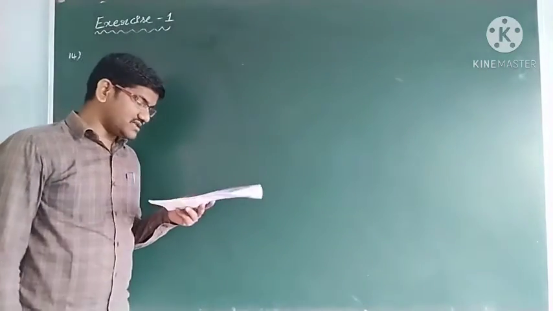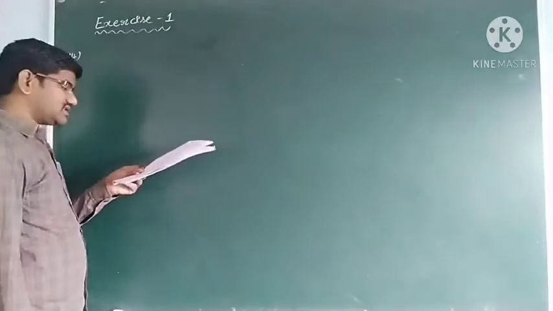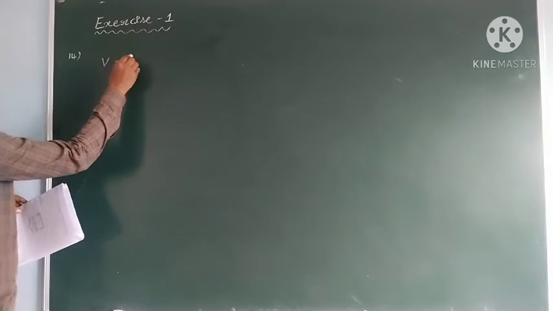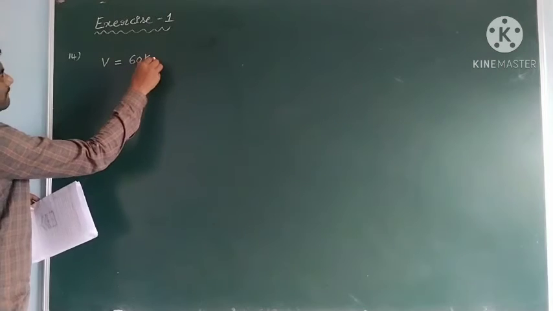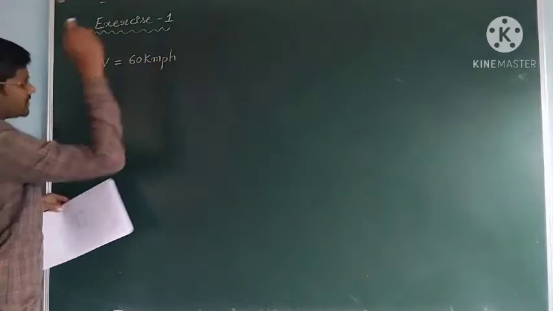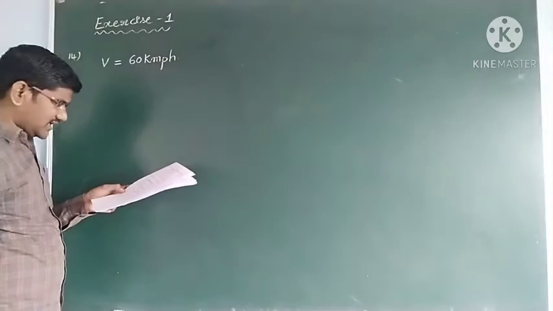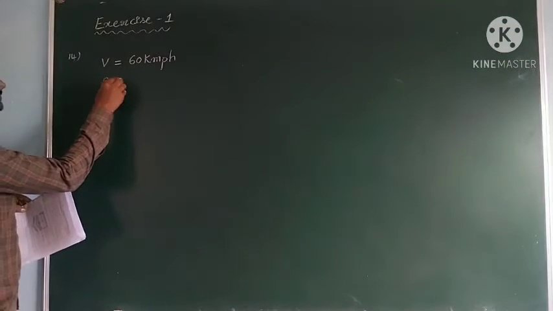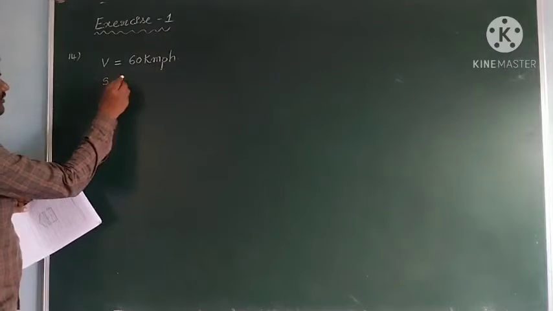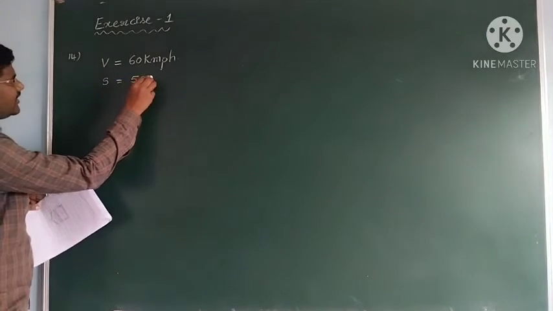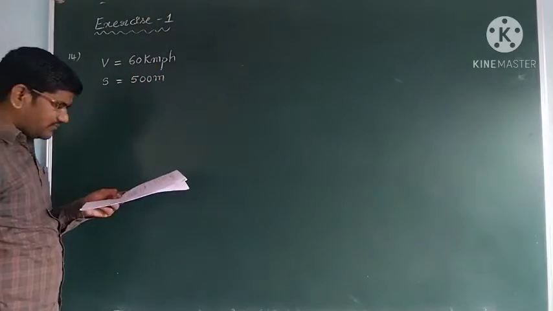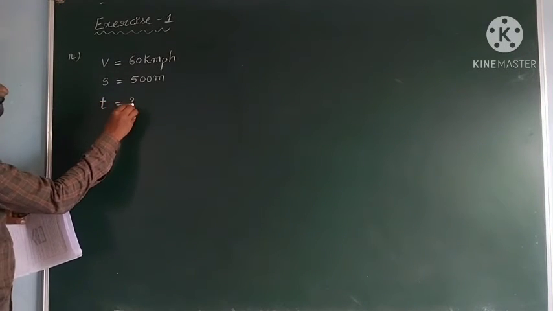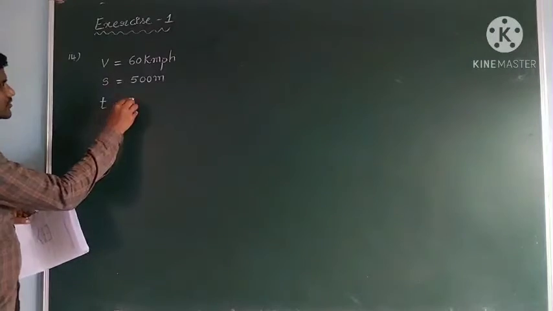So speed is given, 60 km per hour. To cover a distance of 500 meters, question mark is time. Find the time taken.